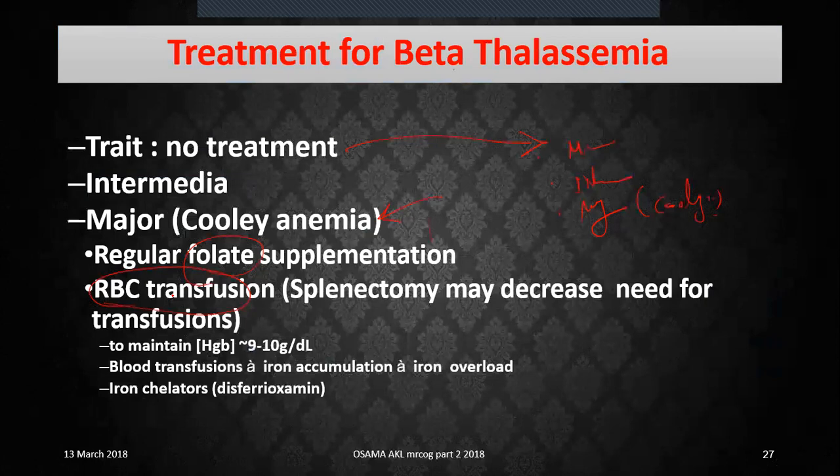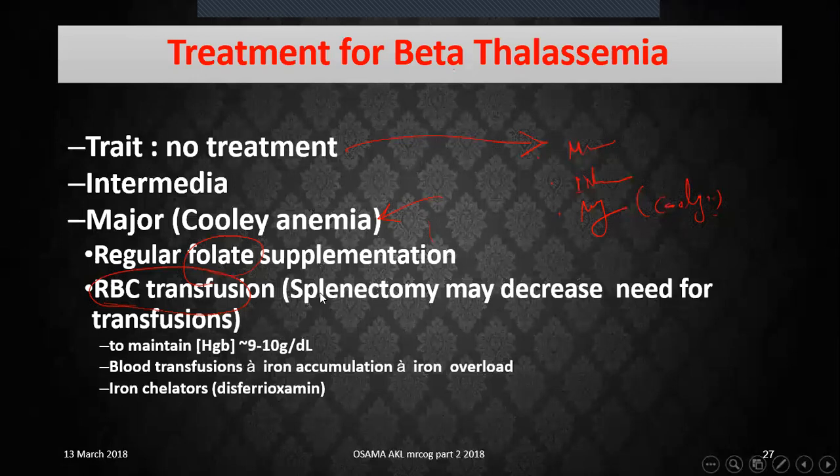It has complications like increasing the risk of infection by pneumococci, Neisseria gonorrhea, Neisseria meningitidis, and Haemophilus influenzae. But patients with splenectomy were found to have a better hemoglobin level and less blood transfusion.